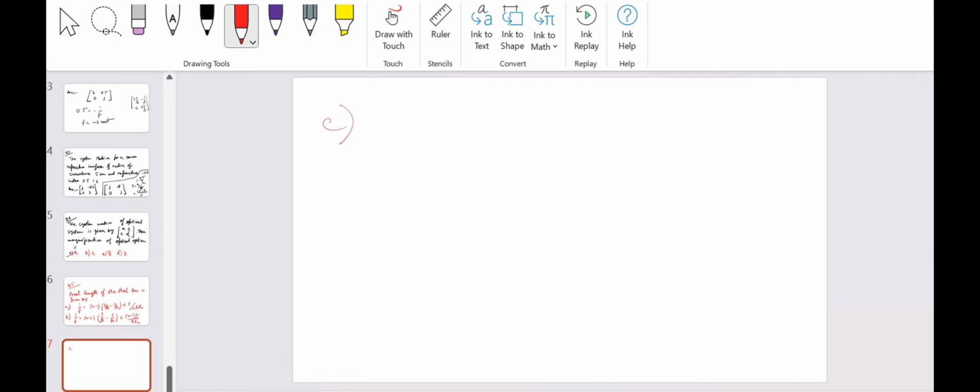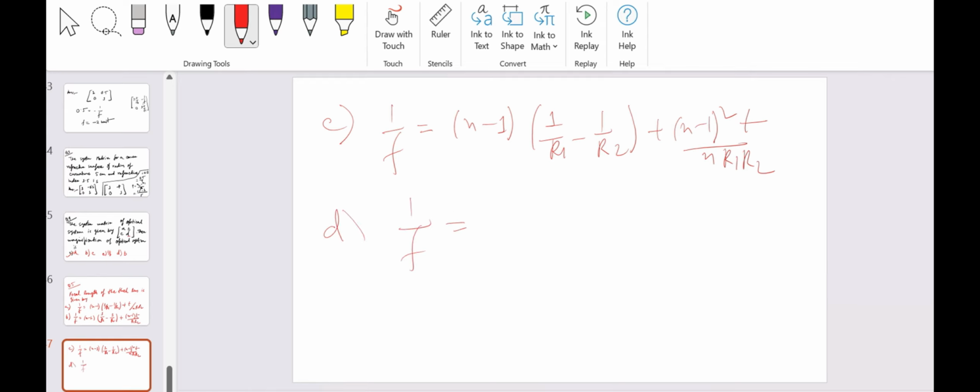C is 1 by f equal to (n minus 1)(1 by r1 minus 1 by r2 plus (n minus 1) square t by n r1 r2), and D is 1 by f equal to (n minus 1)(1 by r1 minus 1 by r2 plus t by r1 r2). So we know that the correct answer is C.